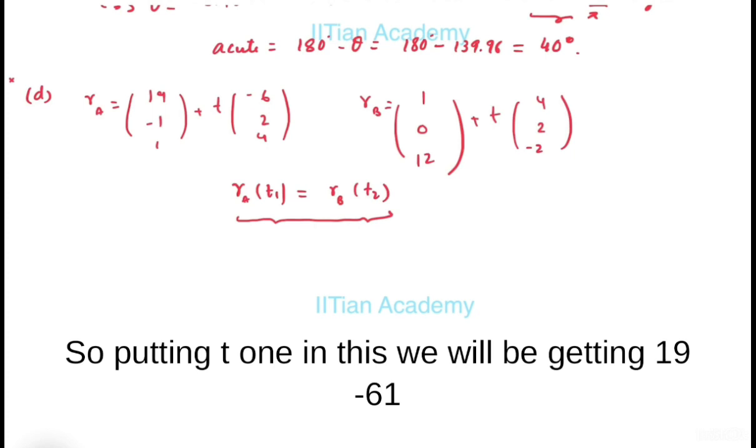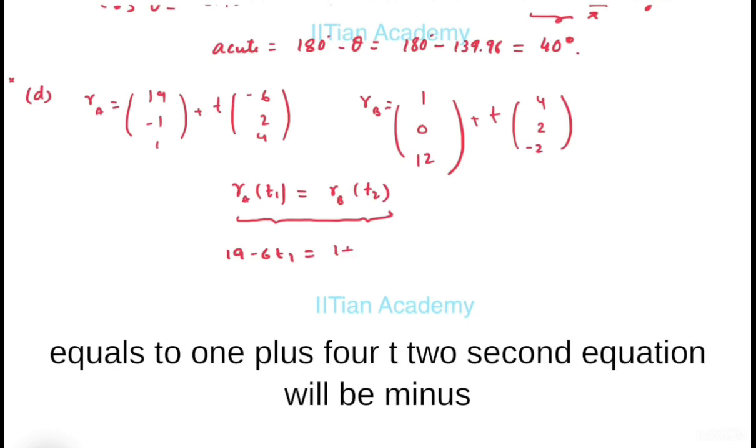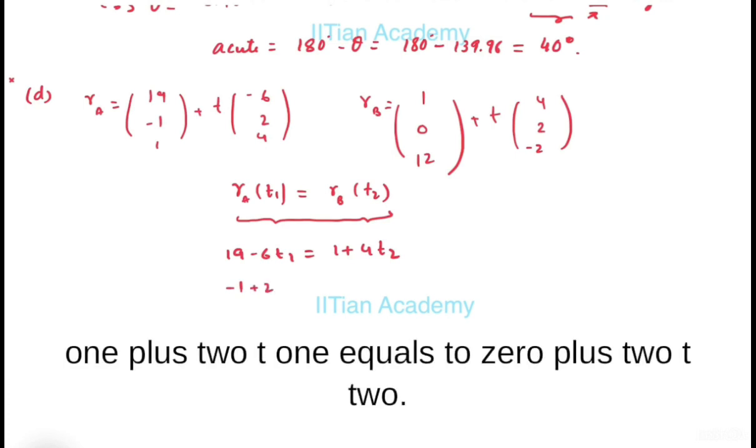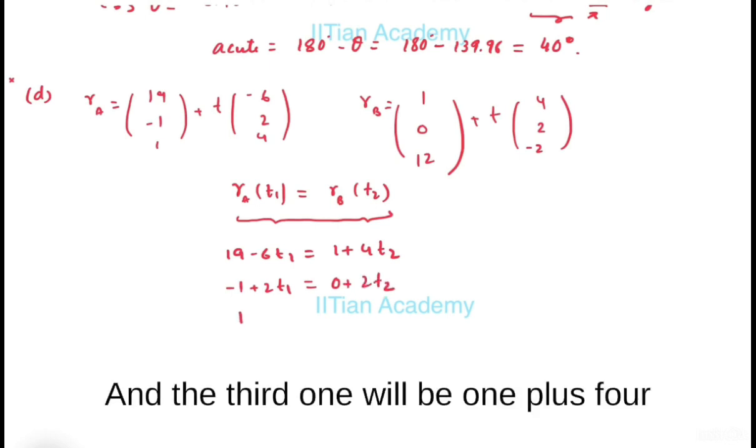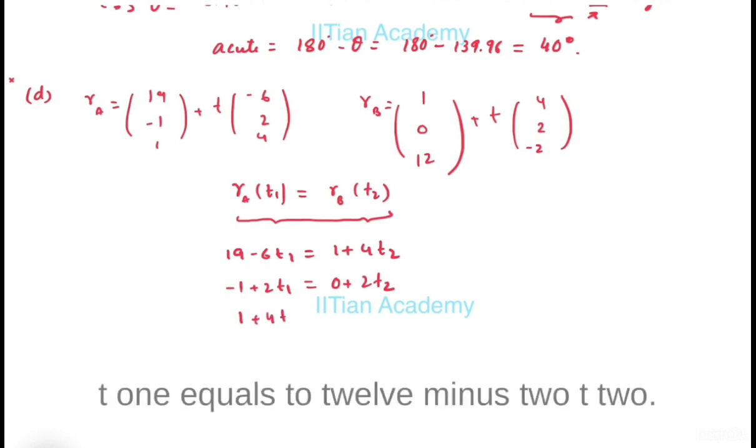So putting t1 in this, we will be getting 19 minus 6t1 equals 1 plus 4t2. The second equation will be minus 1 plus 2t1 equals 0 plus 2t2, and the third one will be 1 plus 4t1 equals 12 minus 2t2.